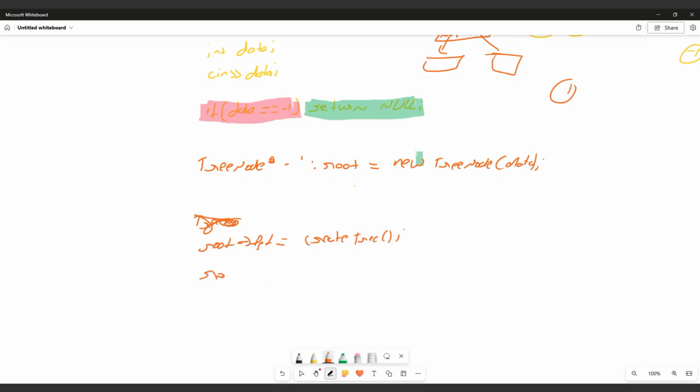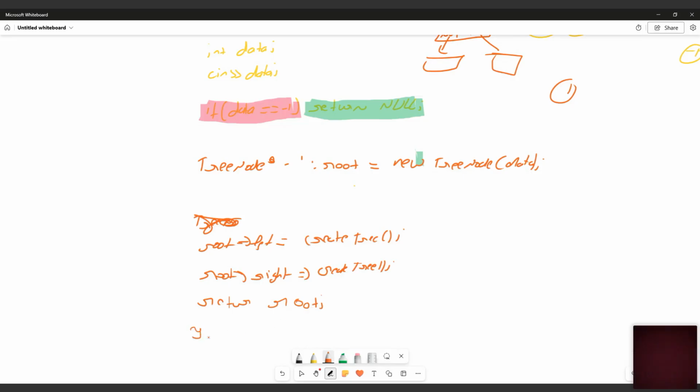And again in the root's right, do the same thing, createTree. And in the end, you have created the whole tree. Return root, end of the function.